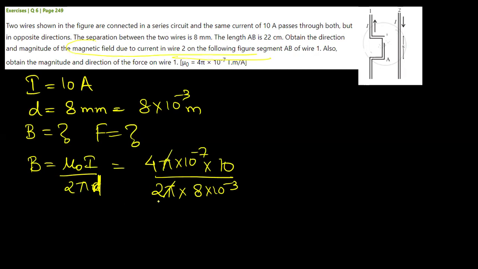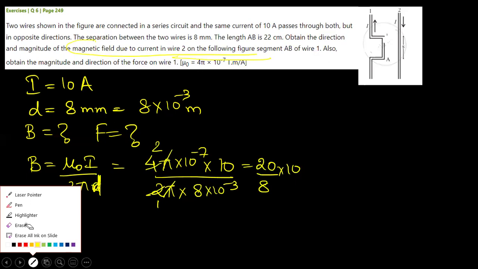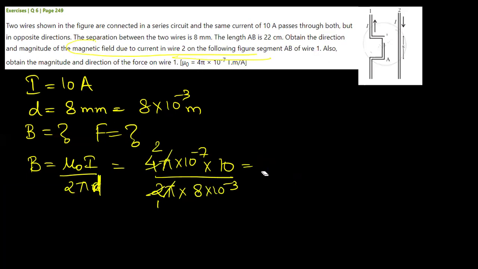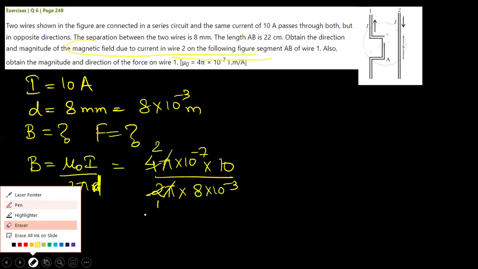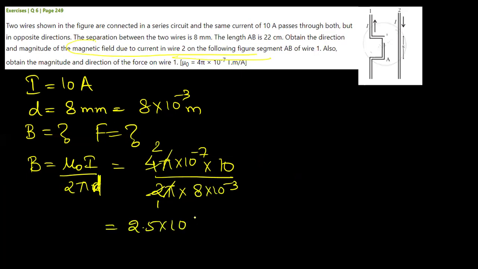Again, here it will be 1, here it will be 2. So this will be 20 upon 8 into 10 raised to something. 20 upon 8, you can reduce it to 10 by 4, or 5 by 2, that is 2.5. So I'll directly write this as 2.5 into 10 raised to, the value will be minus 4 on solving. This is the magnetic field value, 2.5 into 10 raised to minus 4 Tesla.